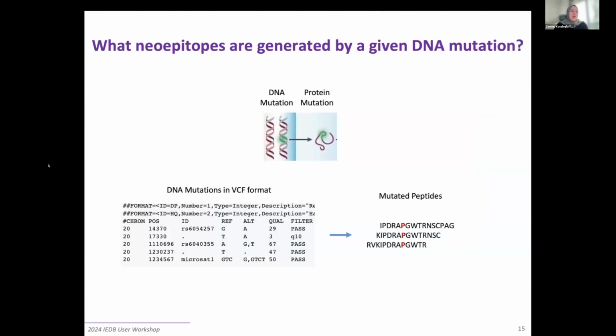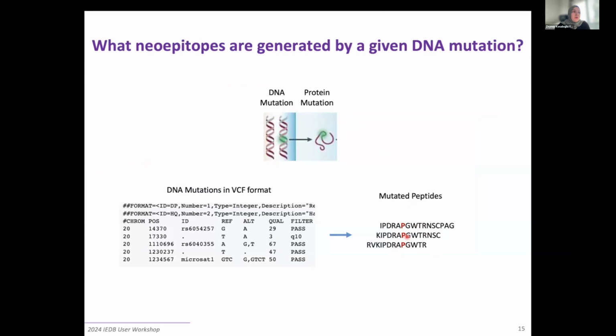The first tool we developed answers the question, what new epitopes are generated by a given DNA mutation? As I mentioned, cancer genomes have specific DNA mutations at specific positions, and when these mutations are translated, they become a mutated protein, and when this protein is then chopped up, it produces all these mutated peptides.